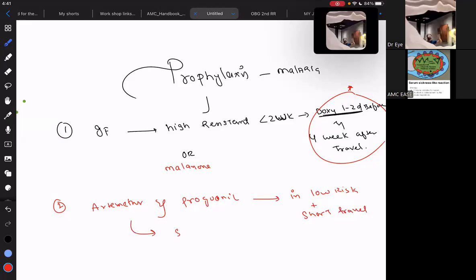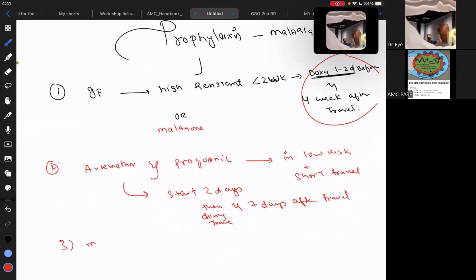When to start? Start 2 days before, just like doxy, and then during travel, of course, and 7 days after travel. Doxy was for 4 weeks after the travel.